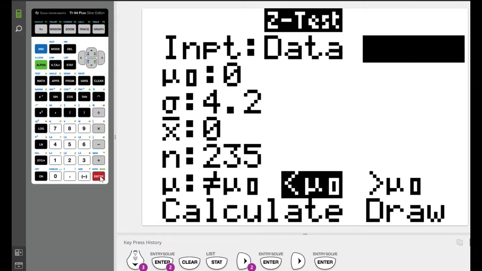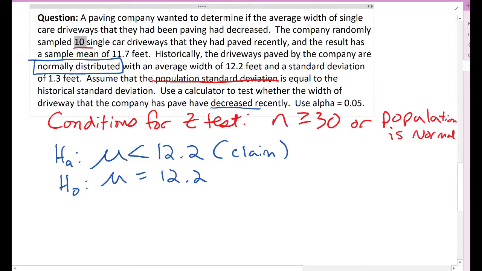Press enter, and now what we need is the mu naught, the sigma, the x bar, and the n. Let's grab those from the problem. Mu naught always comes from your hypothesis, so mu naught for us will be the 12.2. Think of that 0 as being H naught, but the mu naught comes from the hypothesis.